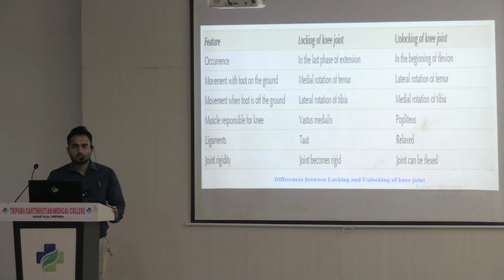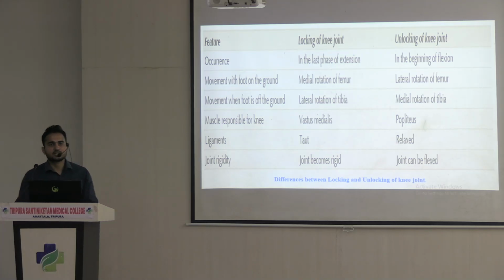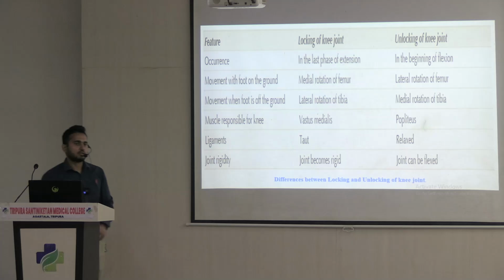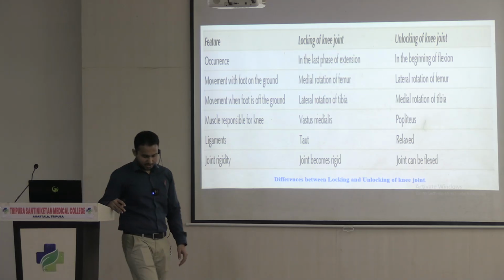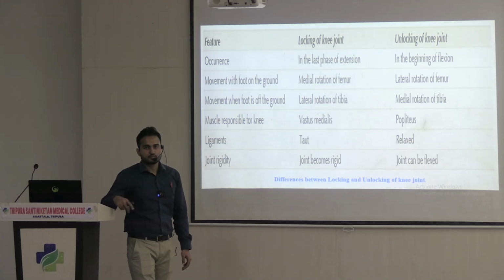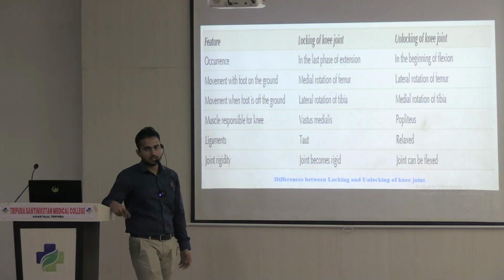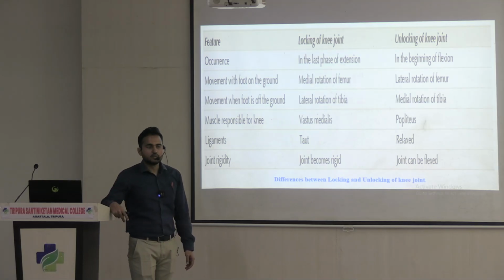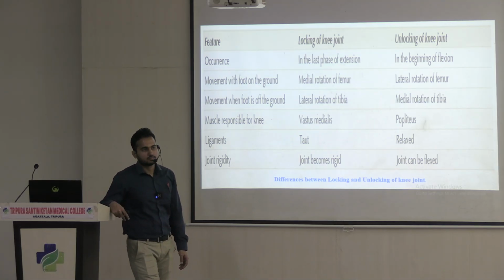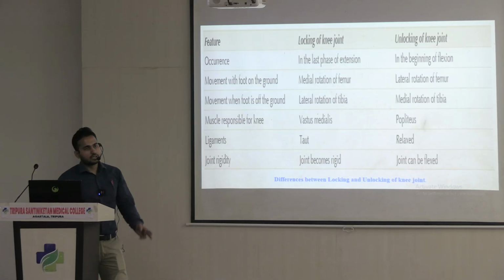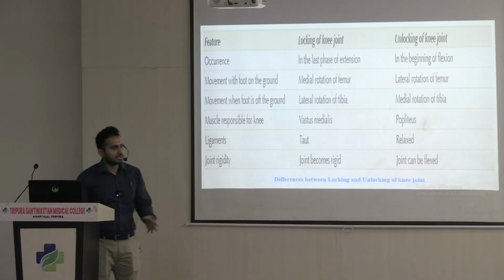So that is all about the movements. Now the muscles causing them. Can anyone tell me which muscle will cause the extension of the knee joint? Quadriceps femoris, as simple as that. Which will cause the flexion? They are called the hamstring group of muscles. Very good. Next, in case of medial and lateral rotation, popliteus causes lateral rotation.